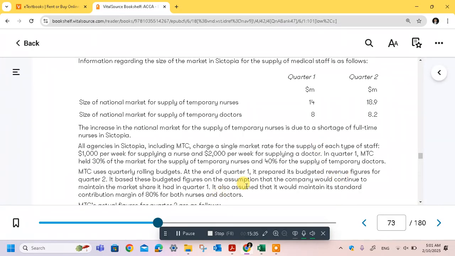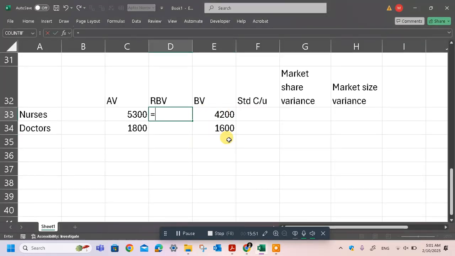However, due to some changes, due to some shortage in the supply, they say Q2 figures are now expected to be this. So, the revised budgeted volume or after the change in market size, this is what the market figures are. 18.9 million divided by 1000 to get the overall market size after the revision of that 30%. 30% because they didn't revise the market share, they revised only the market size.